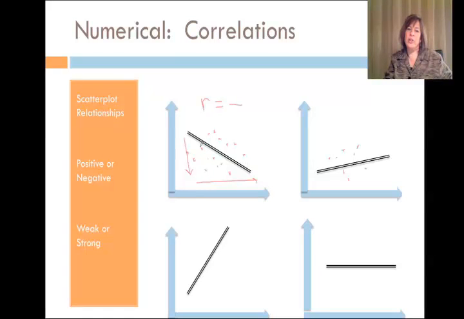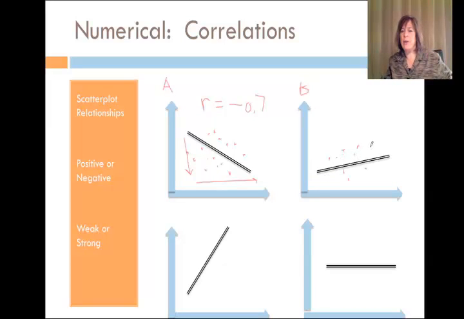It looks fairly strong here, so I'm going to say it's, and this is arbitrary, I'm making this up, but it's fairly strong, and you can basically eyeball that line.